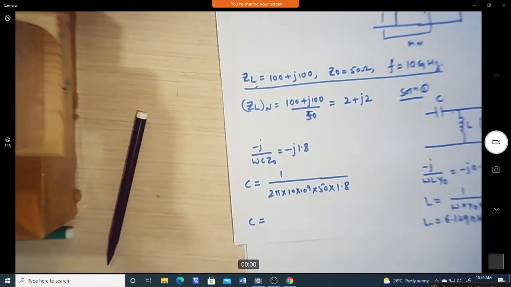Find out the capacitance value. What is the capacitance value?